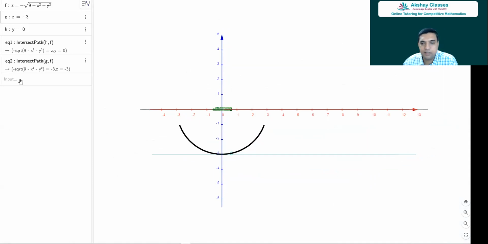Now let us do another intersection path of x equal to 0.